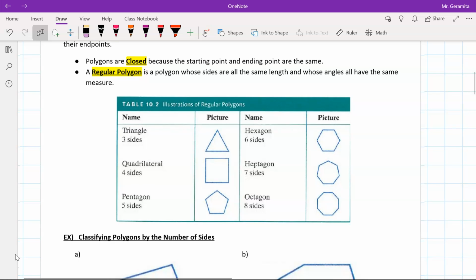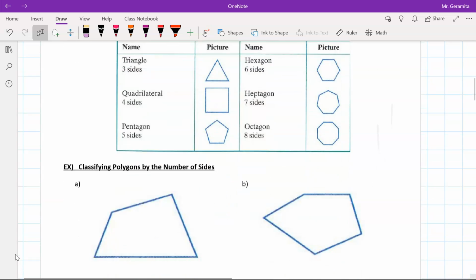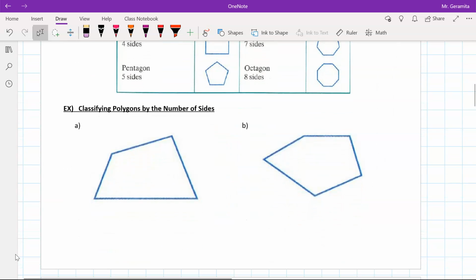So here's some examples. You have a triangle with 3 sides, a quadrilateral with 4 sides, a pentagon with 5, hexagon with 6, heptagon with 7, octagon with 8. So this is really easy. The first thing we're just going to do is classify them by their sides. So this is 1, 2, 3, 4.